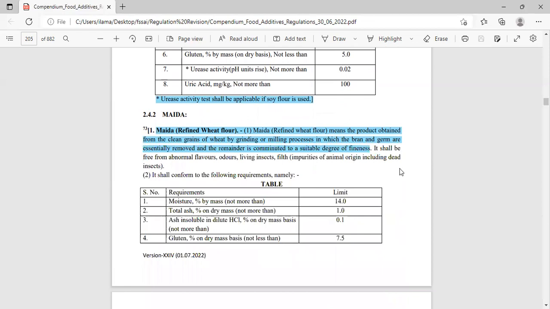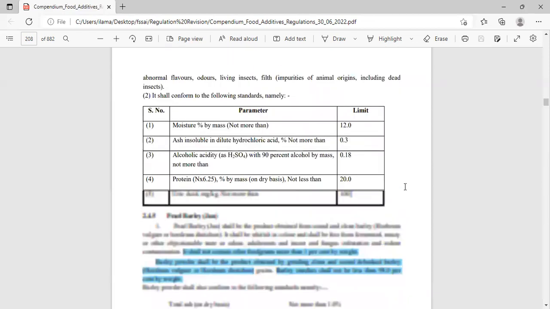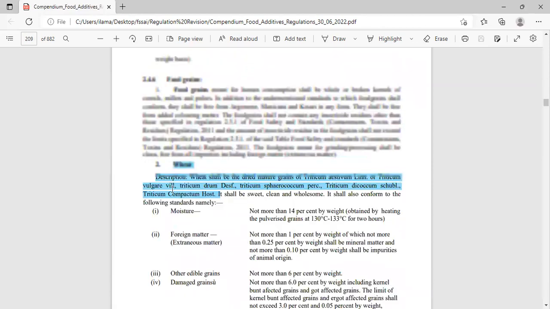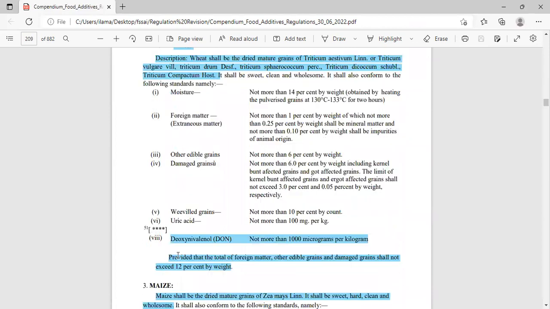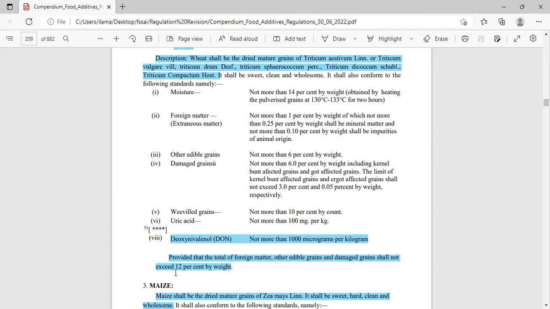And in wheat, we will see deoxynivalenol, DON. Its level is not more than 100 micrograms per kg, and the total foreign material allowed in wheat is not more than 12% by weight.